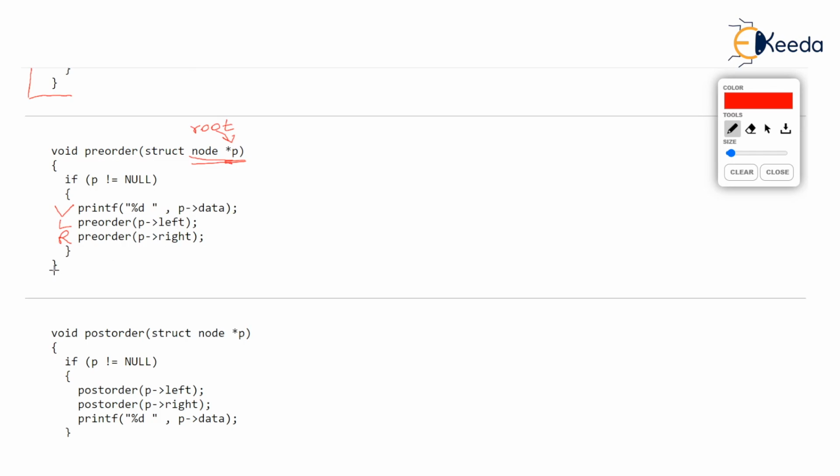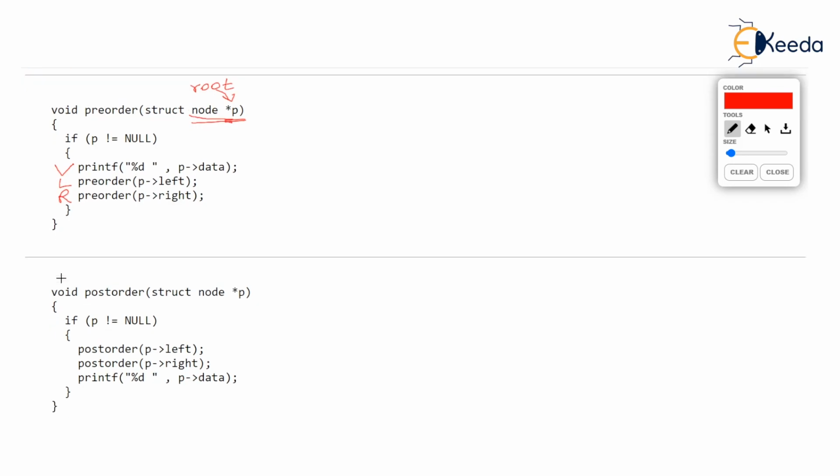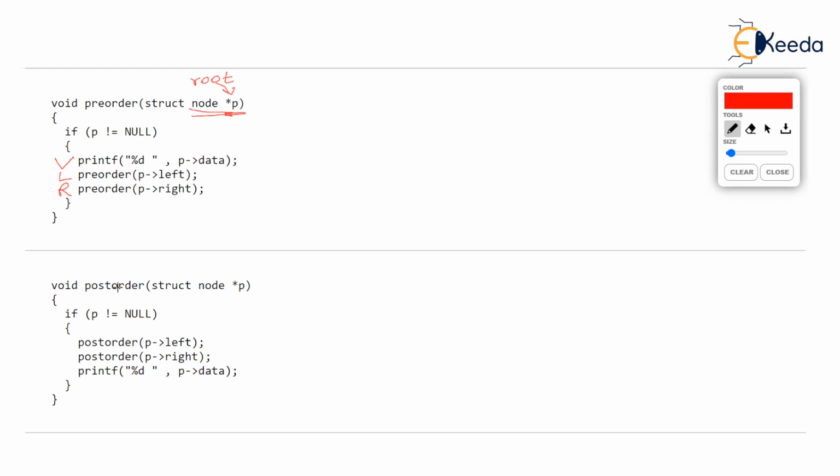So now it is a waste of time to tell you how post order is written, isn't it? You can see the same parameter P which copies root. If P is not null, we will execute everything, and the rule for post order, remember, is LRV.